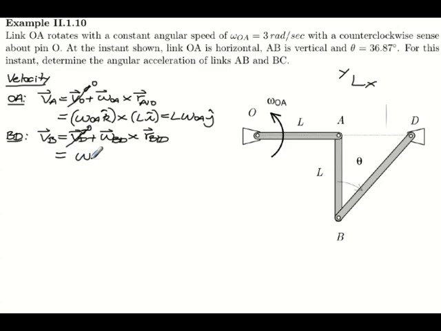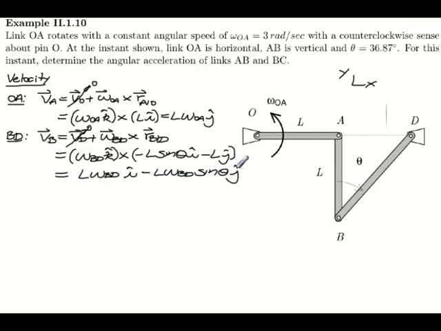Omega BD we don't know, neither its magnitude nor sense, so I'm going to assume plus, crossed with a vector from D to B, which is minus L sine theta in the i and minus L in the j. When I cross these through, I get L omega BD in the i and minus L omega BD sine theta in the j. So that takes care of links OA and BD.